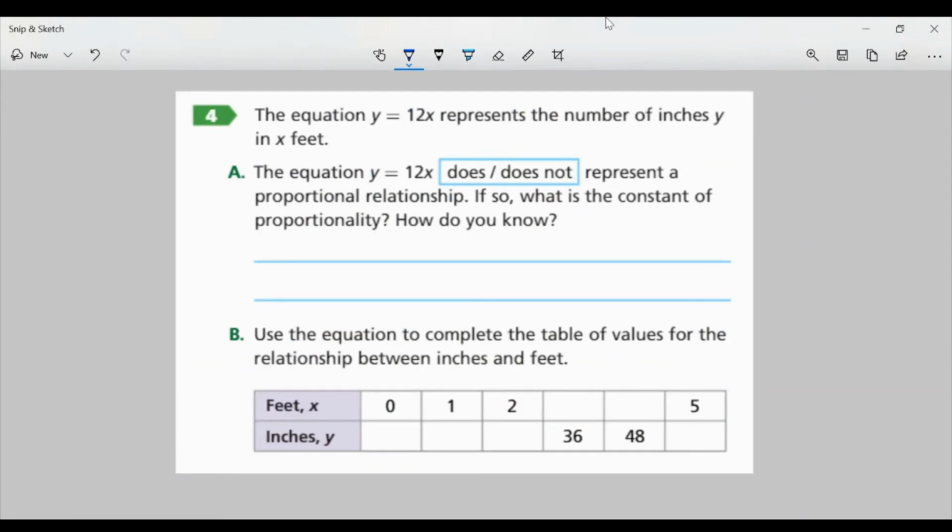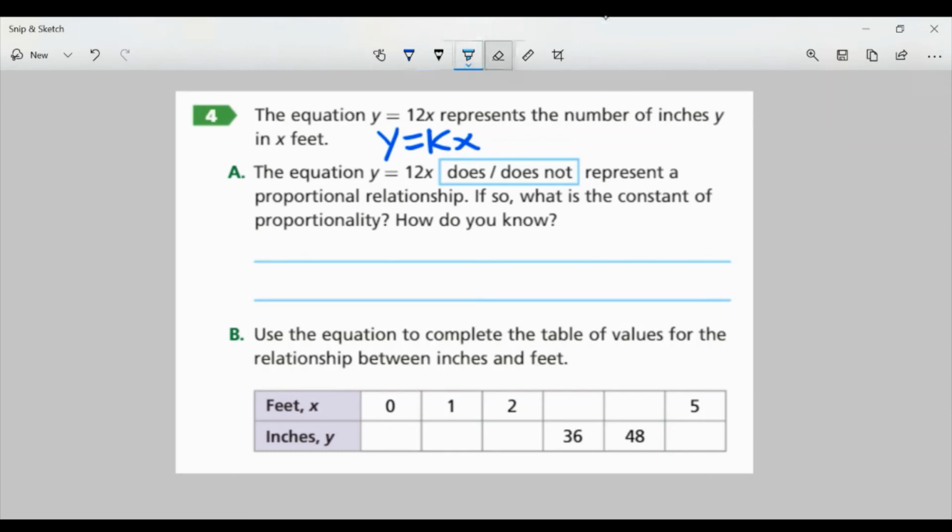All right, so let's jump ahead to page 14, task 4. The equation y equals 12x represents the number of inches y in x feet. Now, if you remember, y equals kx, where k is the constant of proportionality.